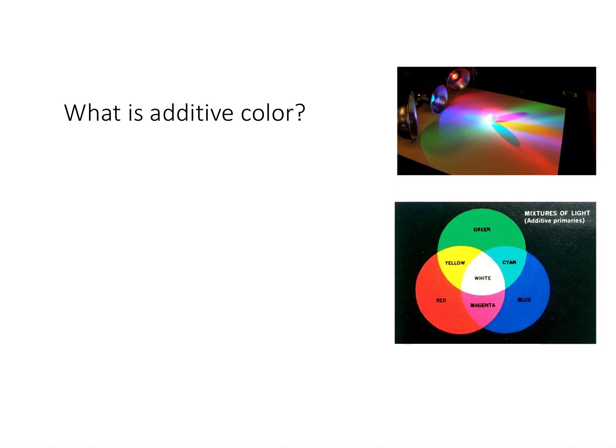Additive color is a system that describes how the colors of light mix together. This is the basis for how color is created on computer screens or TVs, the colors emitted from LEDs, a stage light in theater, or any other kind of light source.